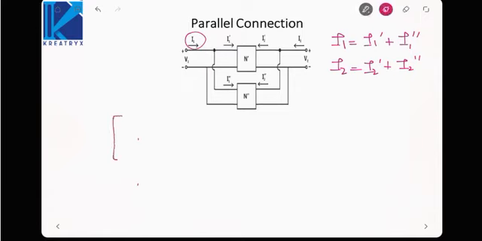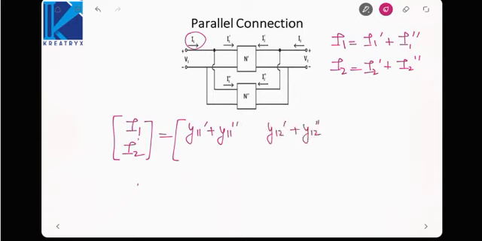I will get an equation like this: I1, I2 is equal to Y11 dash plus Y11 double dash, Y12 dash plus Y12 double dash, Y21 dash plus Y21 double dash, Y22 dash plus Y22 double dash, times V1, V2.